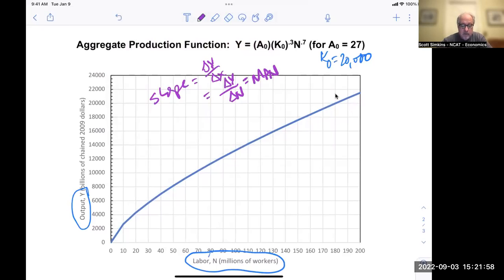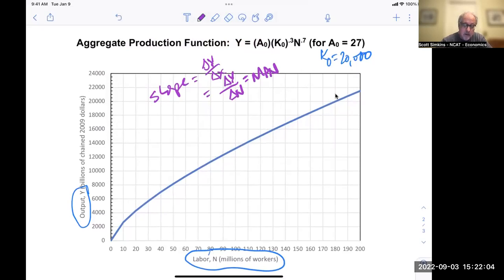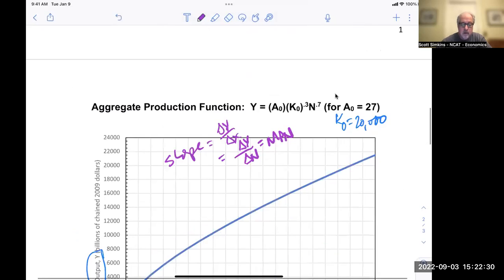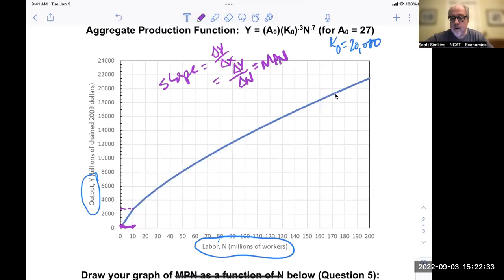So let's think about what that means in terms of the graph. Let's just pick a point. Let's say N goes from 0 to 10, from there to there. Y goes from 0 up to whatever it was. Let's look back at what it was. I have it on my spreadsheet.